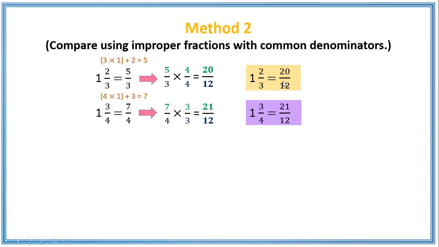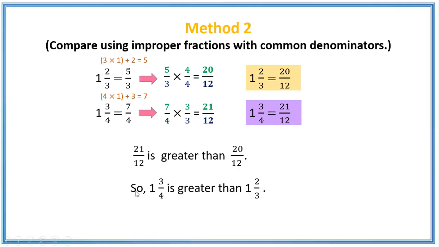So as you can see, we now have the same denominator, and it will be easy for us to compare the following improper fractions. So 21 out of 12 is greater than 20 out of 12.